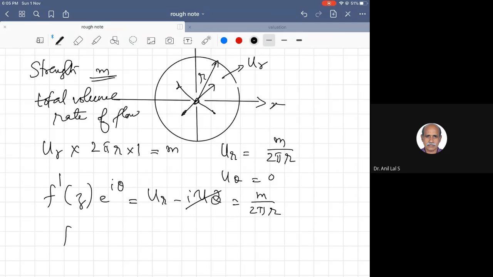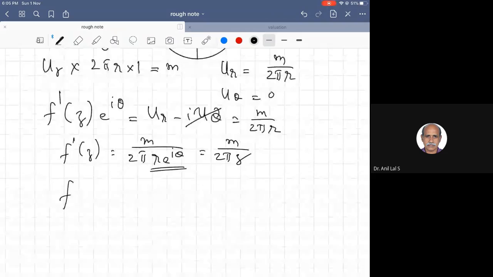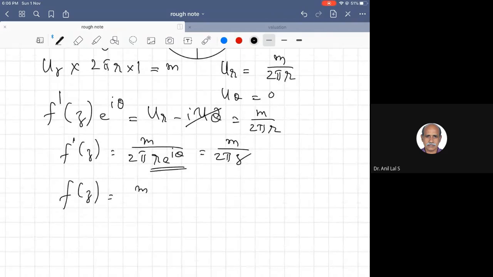So f'(z) now becomes m by 2 pi into r e raised to i theta, and you know r e raised to i theta is z, that is m by 2 pi z. So now f(z) is m by 2 pi integral 1 by z dz, that is m by 2 pi logarithm of z. This is the complex potential of a source with its center coinciding with the origin of the coordinate system.